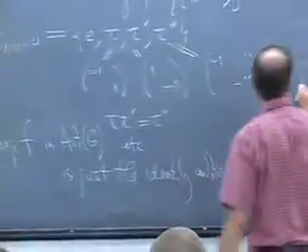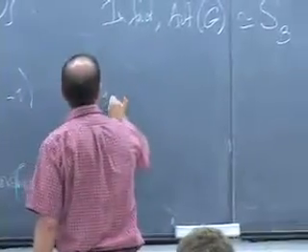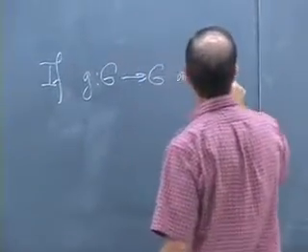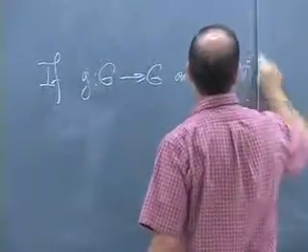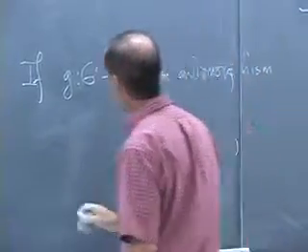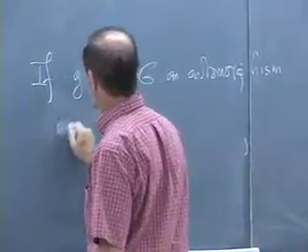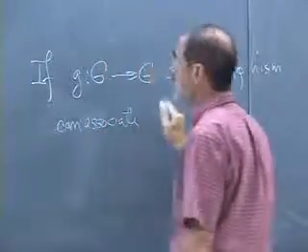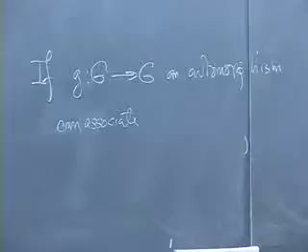So if I have some map from G to G, an automorphism, maybe I'll call these things tau 1, tau 2, and tau 3.